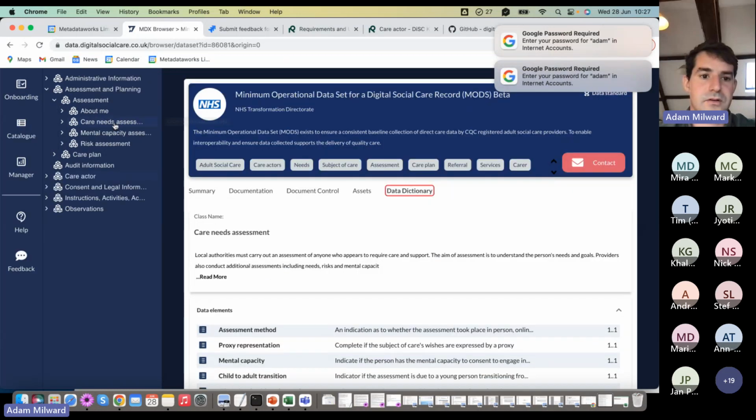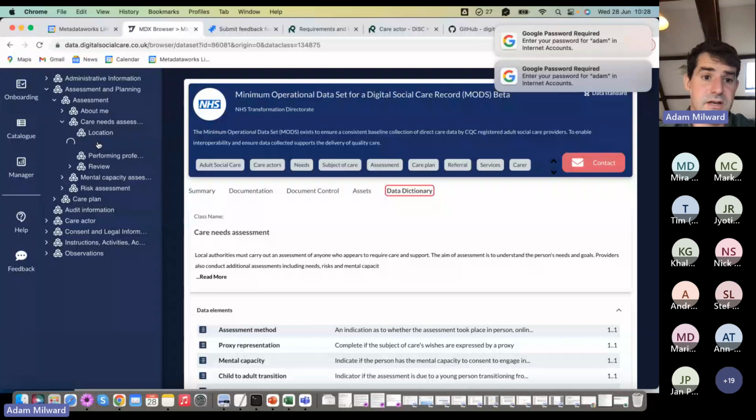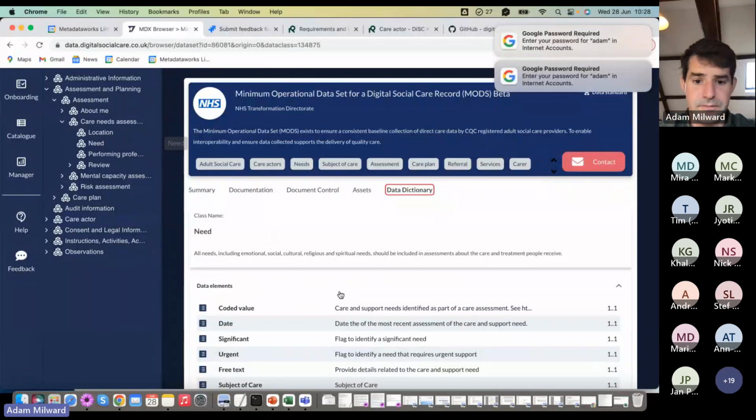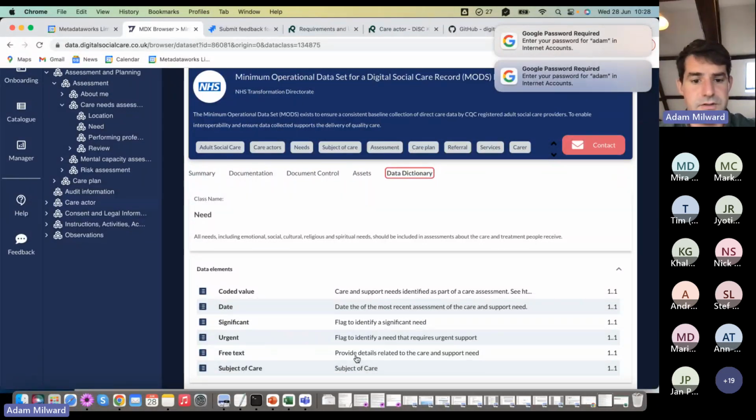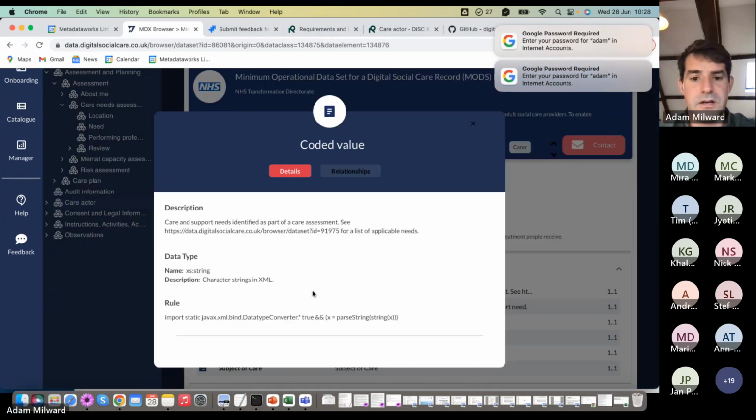And then the final bit is that within the care needs assessment, we've got the needs themselves, and these coded values, the date they were collected, whether they're significant, urgent, who those needs relate to, and we've got a link through the coded values. But I think we'll make those available on the site so that they're easy to navigate, rather than having to click through as you do at the moment.